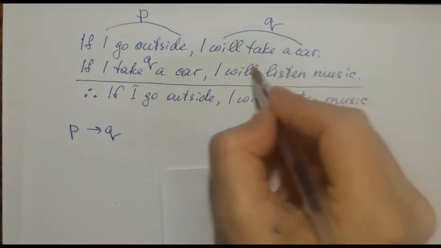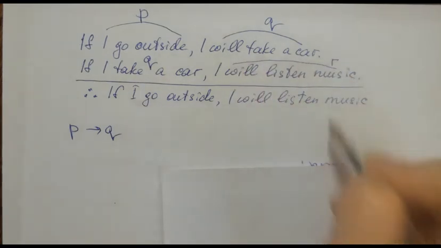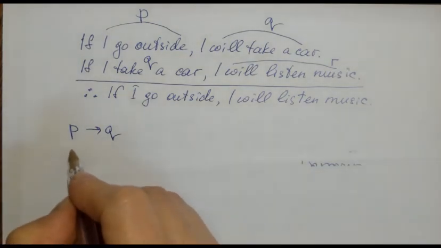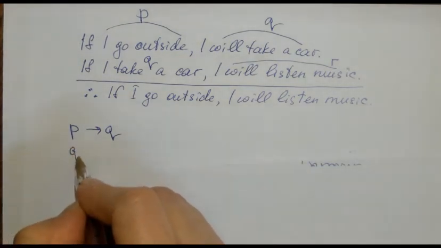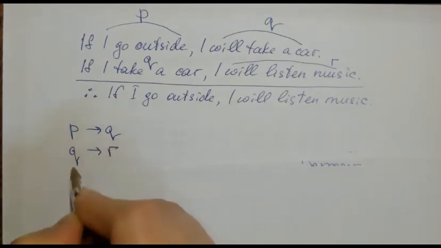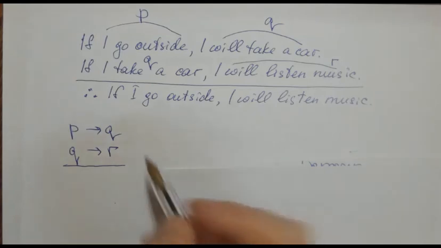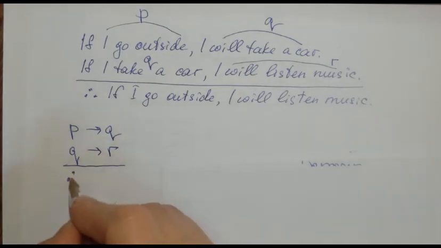Let us call this statement R. So the second premise can be written as follows: if Q, then R. If car, then music. Then the conclusion.